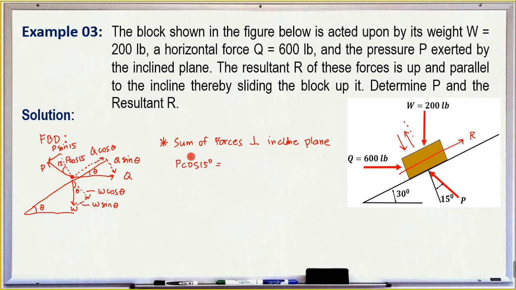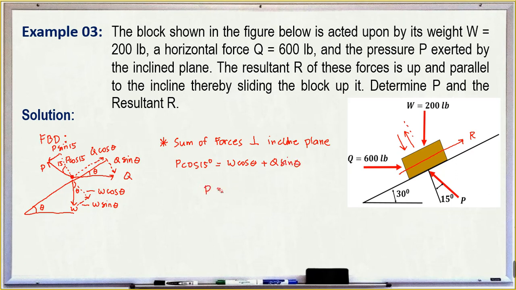Okay? P cosine 15 is pataas, equal siya sa forces pa downward. So meaning there is no resultant force because if you're going to equate this one, ma-zero ni sila, meaning no movement. So that is equal to W cosine of theta plus Q sine of theta.